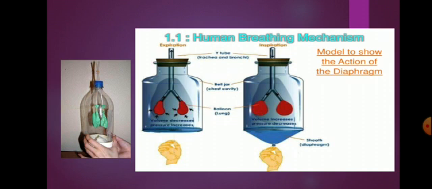Air which we breathe during respiration. The air which we breathe in from the atmosphere is called inhaled air, and the air which we breathe out from our lungs through the nose or mouth is called exhaled air.